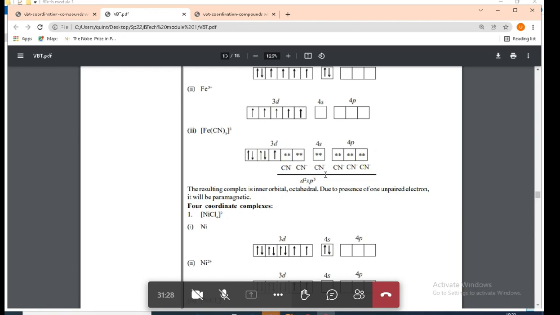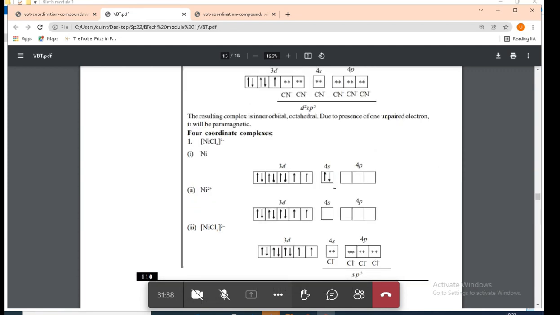So you tend to find that the halides are normally weak ligands, while cyanides, ammonia and carbonyls are stronger ligands. Now coming to the 4 coordinate complexes, you have nickel. Nickel in zero oxidation state is 3d8, 4s2.